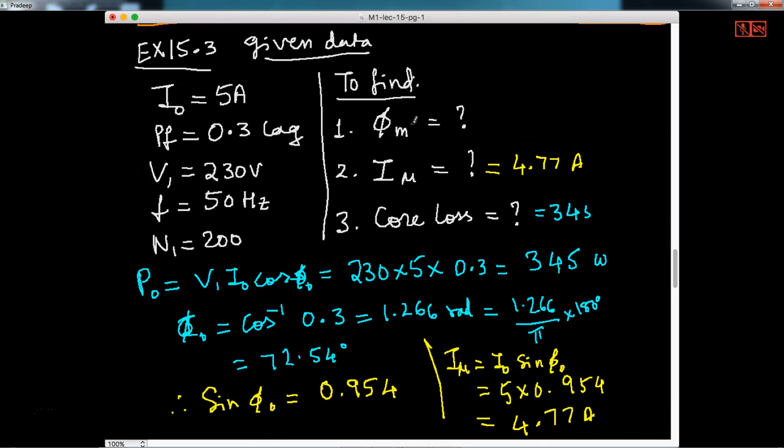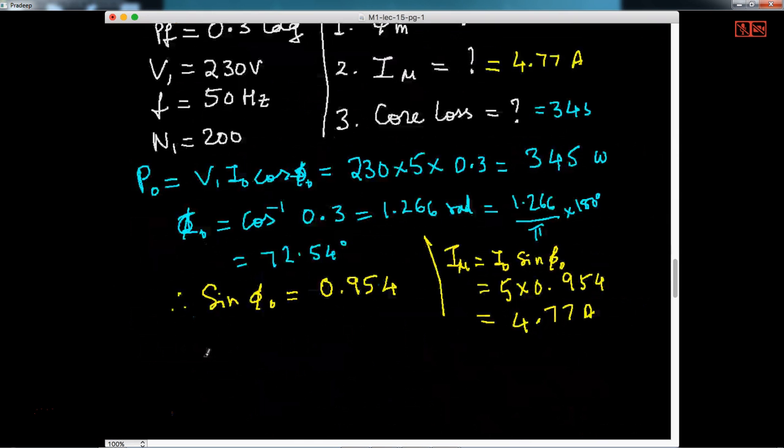All right, now to find the flux, I have to use the EMF equation. Everything is given. 230 equals 4.44 into number of turns, which is 200, frequency 50 hertz, multiplied by maximum flux, phi max. From this I can get the maximum flux.